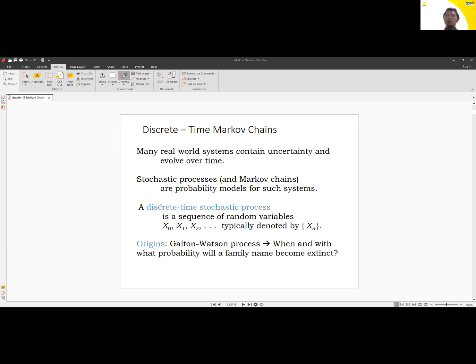We specify our discussion today as a discrete time stochastic process. Remember last week that we already discussed discrete time.